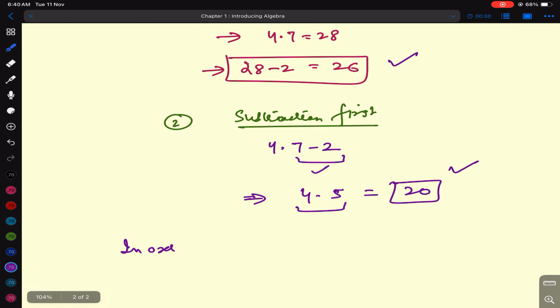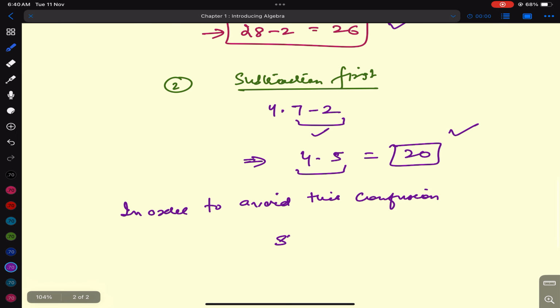Now how do we avoid this confusion, which one is right and which one is wrong? How do we take the order of the operations? For that, in mathematics we have the standard order of operations. There's a specific standard that we follow while deciding which operation is to be performed first. Clear?